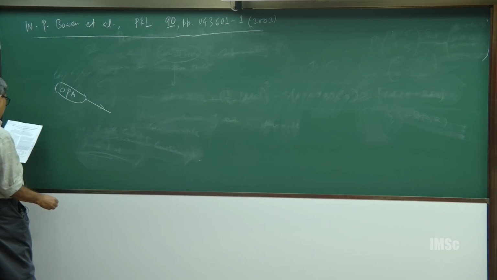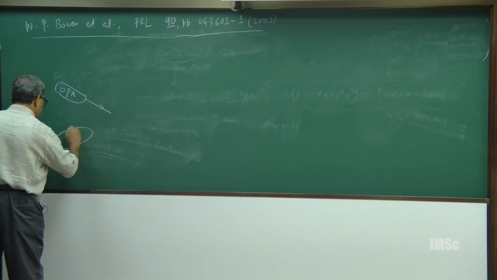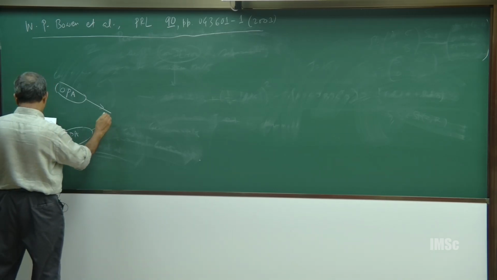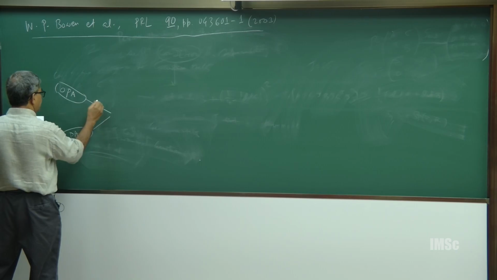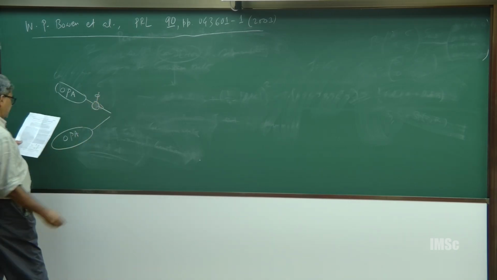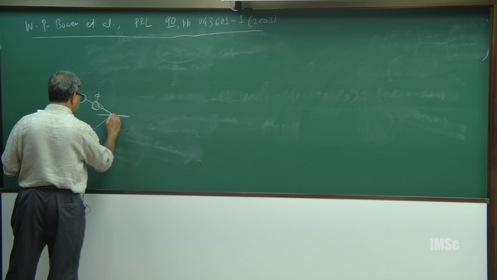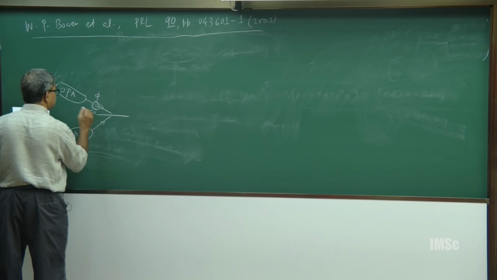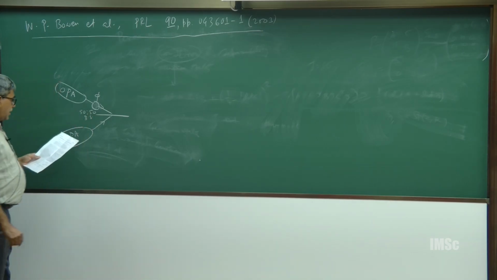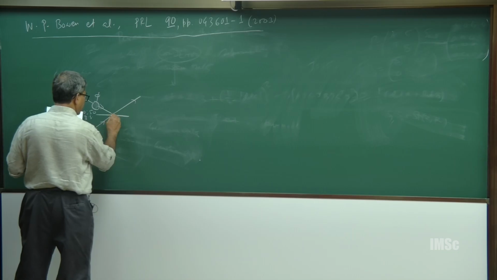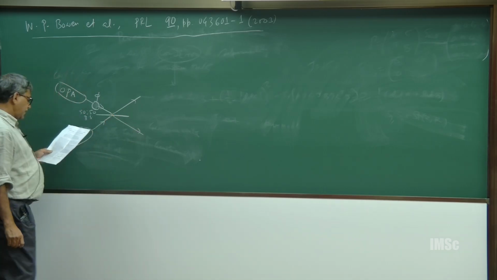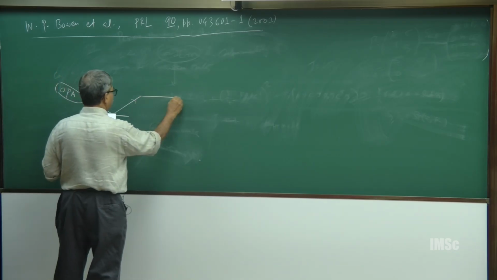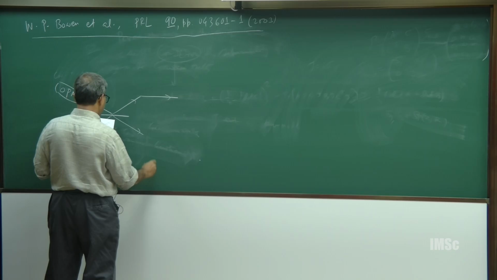One beam is coming here, another OPA, optical parametric amplifier, they come here, and here I put a phase shift phi, and here it is a 50-50 beam splitter. And then you have the outgoing beams. So, it goes in this direction.